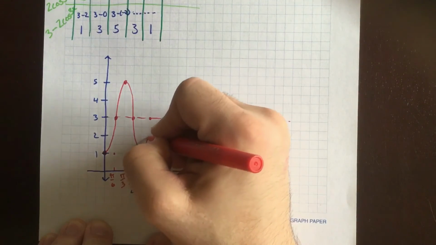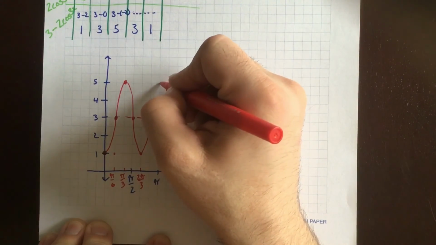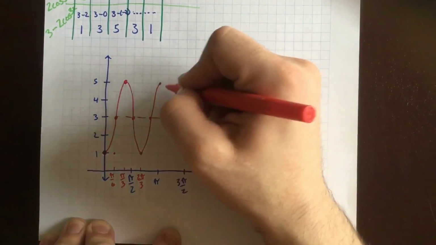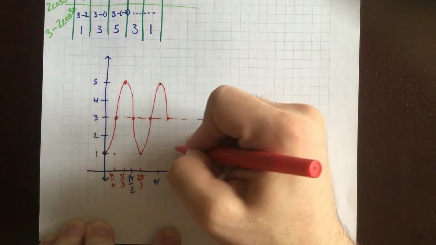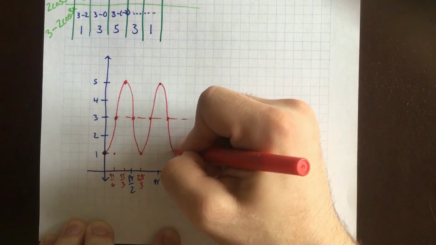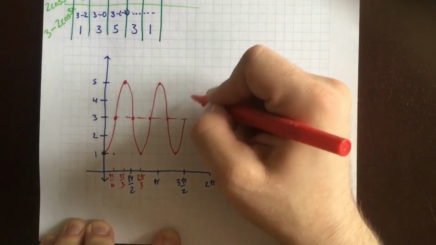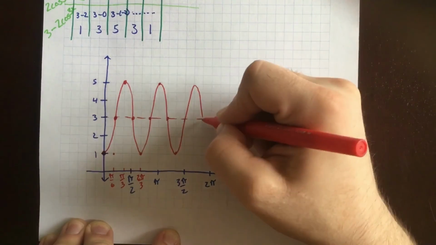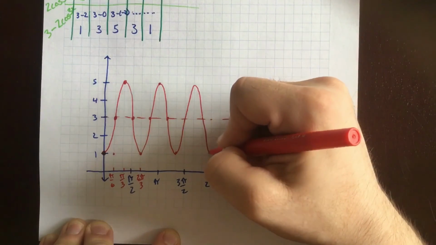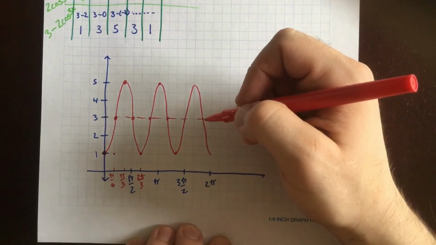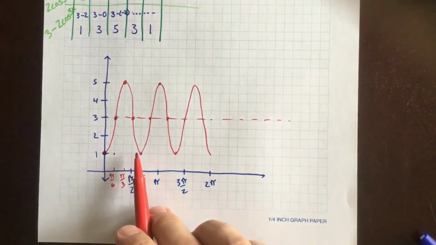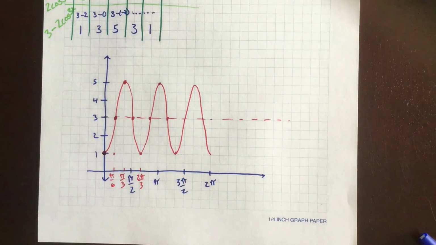So it's going to pop up, back down, back up, back down, and so on. And we see we have 1, 2, 3 full cycles within 2 pi.